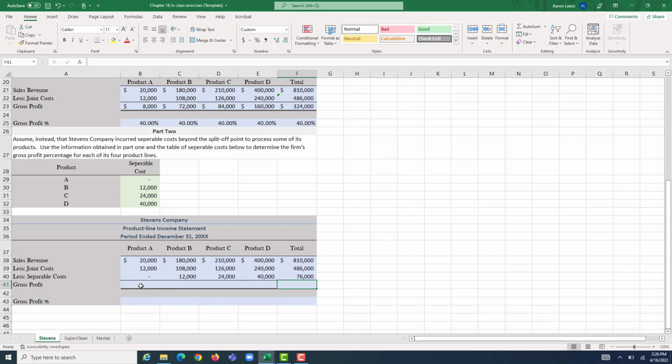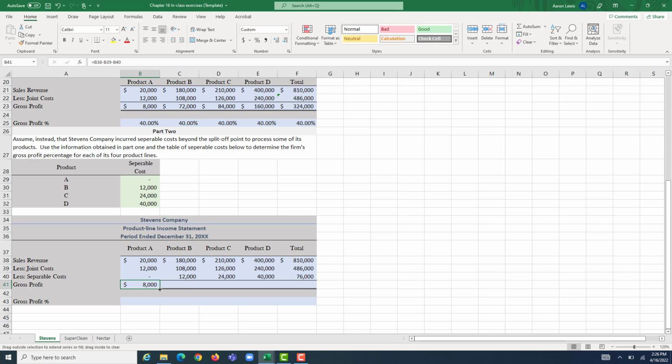So what is the gross profit percentage? Well, it's still the same concept. It is sales revenue minus now your 2 different cost components, your joint costs and your separable costs. Product A's is going to stay the same at $8,000 because it has no separable costs. It's going to be the same as it was in the chart above.